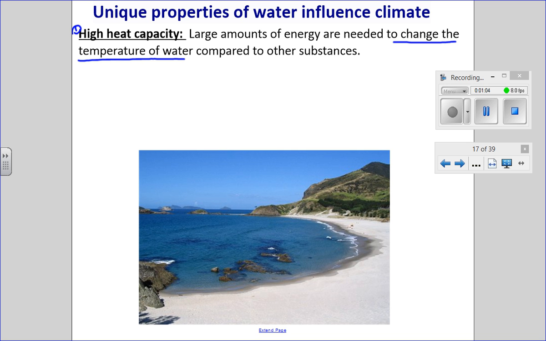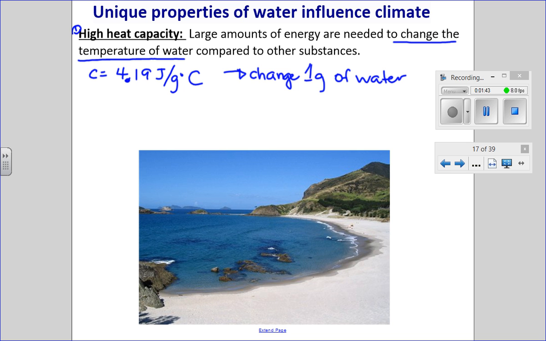And very specifically, we'll see that the value for the heat capacity for water is 4.19 joules per gram degree Celsius. So what this really means is that that's how much energy we need to change 1 gram of water by 1 degree Celsius.